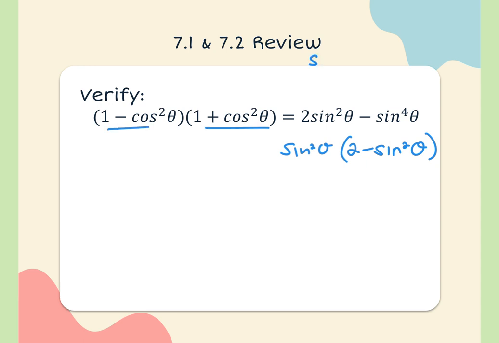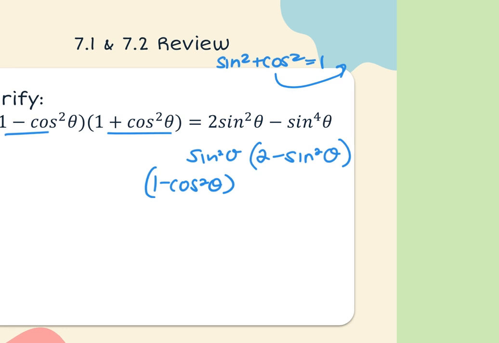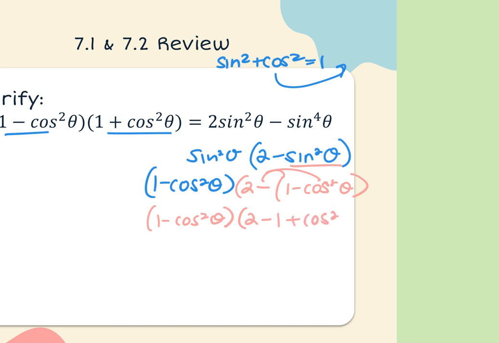If sine squared plus cosine squared equals 1, then sine squared would be 1 minus cosine squared. And in 2 minus sine squared theta, the sine squared can be written again as 1 minus cosine squared theta. I'd have to distribute the negative: 2 minus 1 plus cosine squared theta. And I get 1 plus cosine squared.